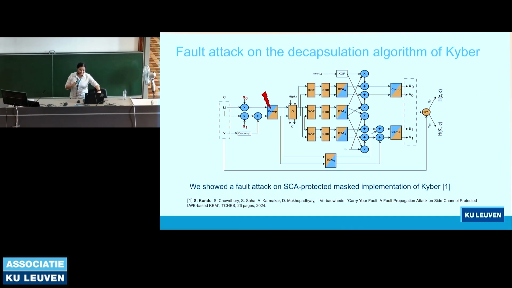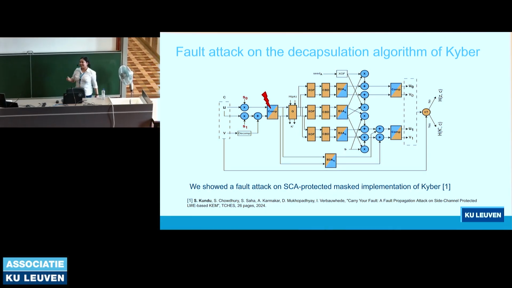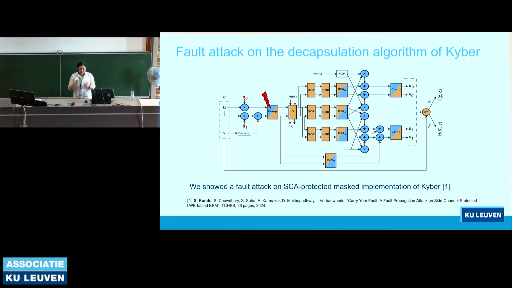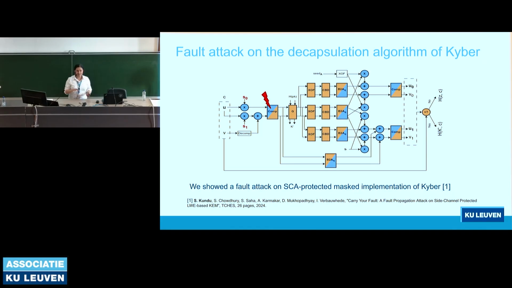But we actually found another attack point in this secure implementation. This secure implementation actually provides security against side channel attacks. But there are many different physical attacks. Another one is fault injection attacks.